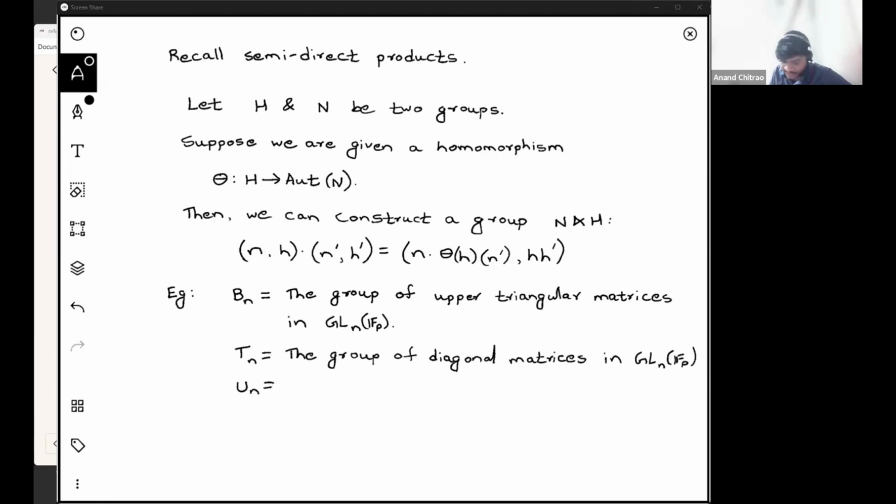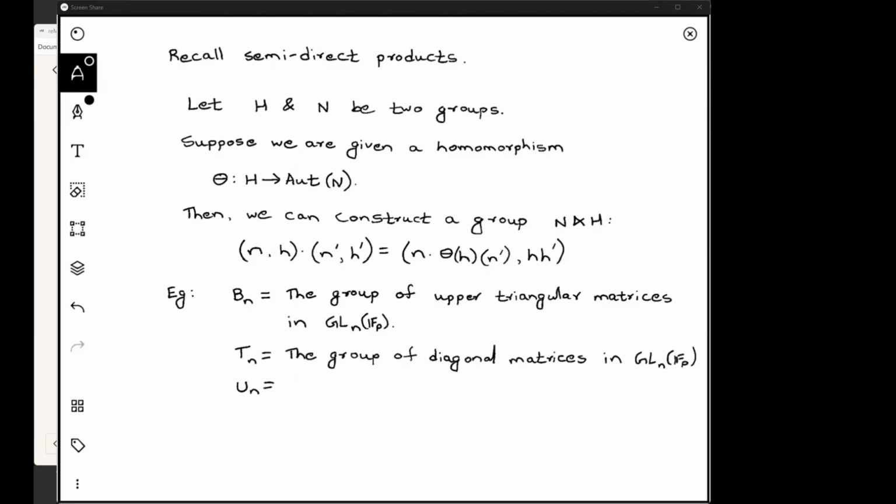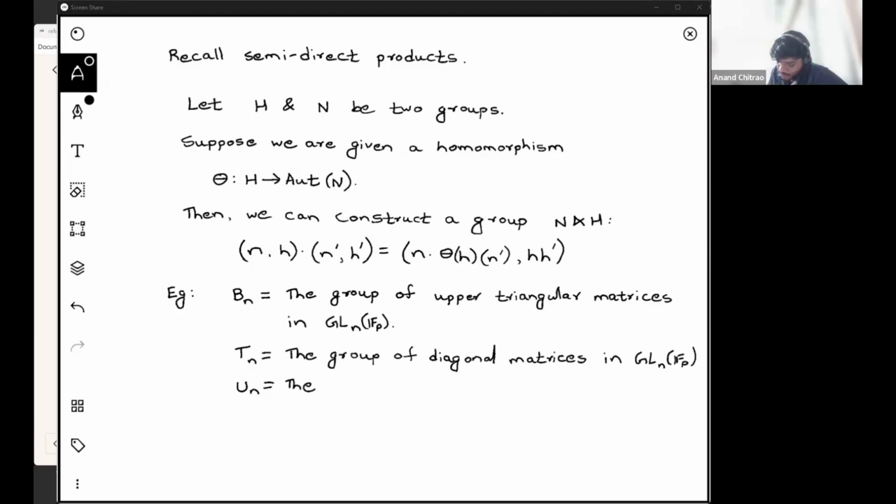And finally, what was Un? It is the group of upper triangular matrices with ones on the diagonal.